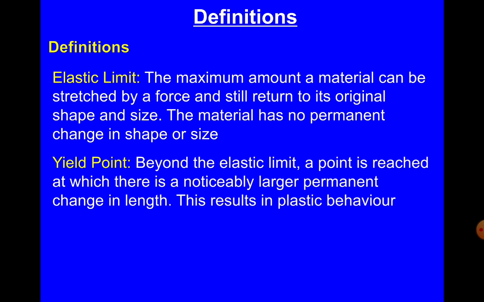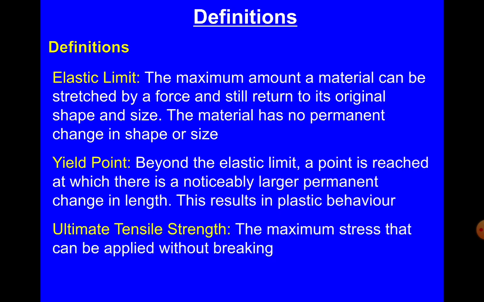Then we have the yield point. This is the point beyond the elastic limit at which there is a noticeably large permanent change, and this results in plastic behavior. And then we have the UTS, the ultimate tensile strength, the maximum stress that can be applied without breaking.